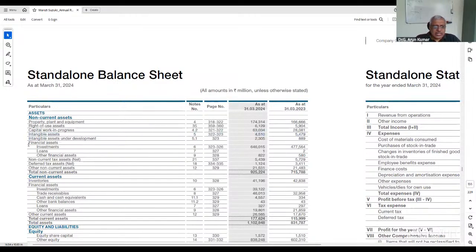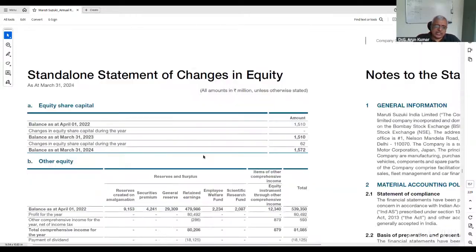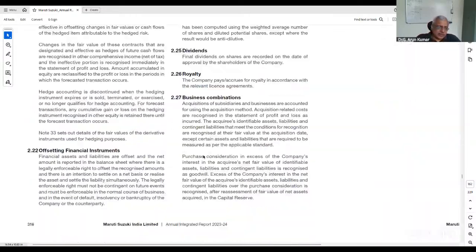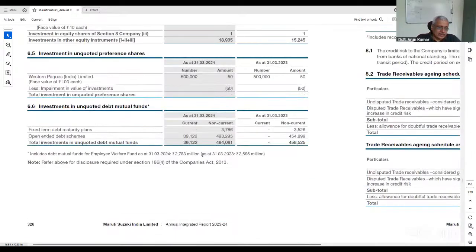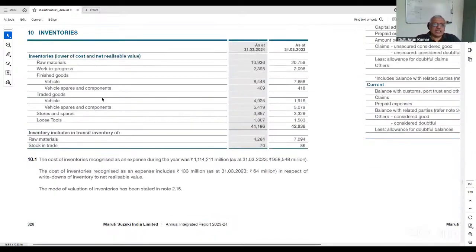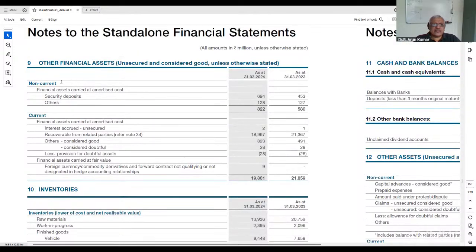Intangible asset, financial assets, investment, loan, other financial assets. I'm sorry, it's other financial assets, schedule number 9, page number 328. That's exactly what I saw there. Yeah. What are the other financial assets?